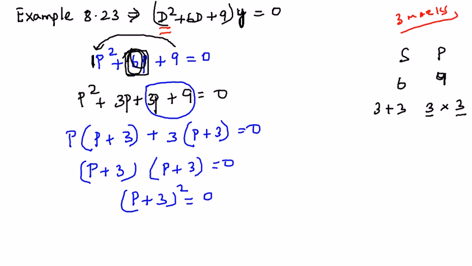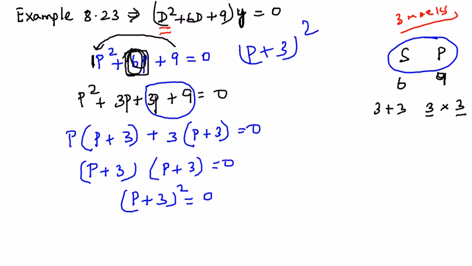Obviously when you saw p squared plus 6p plus 9, you should also be able to associate it with p plus 3 the whole square, because it comes from the a plus b the whole squared formula, a squared plus 2ab plus b squared. But if you're not able to identify it that way, you can use the sum and product method to find the values of p.